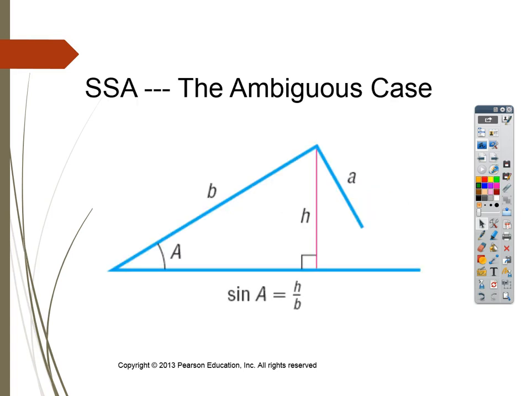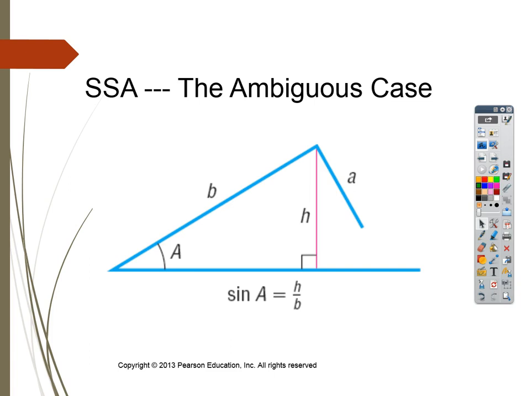Okay, so when we get side-side-angle, the ambiguous case, it gets harder. The reason why it gets harder is because if you remember from geometry, with side-side-angle you could not prove congruent triangles. The reason is that there was a possibility that your third side could be one of two values, and that doesn't work out.